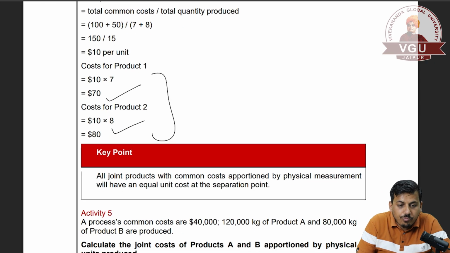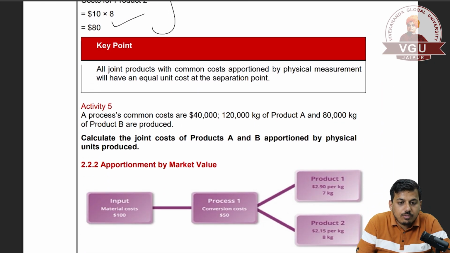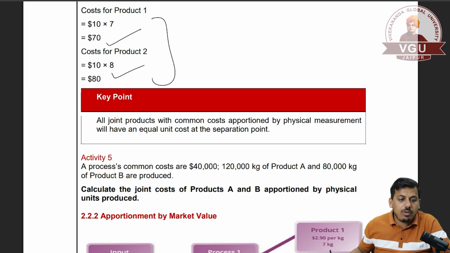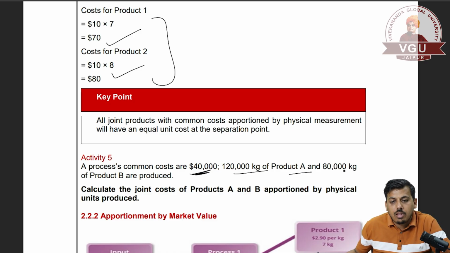Next, there is also a case where the common cost for the process is $40,000, and the output is 1,20,000 kg of product A and 80,000 kg of product B. How do we allocate it? We will distribute 40,000 in the ratio of 1,20,000 and 80,000.